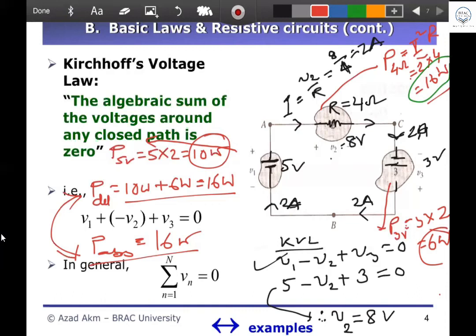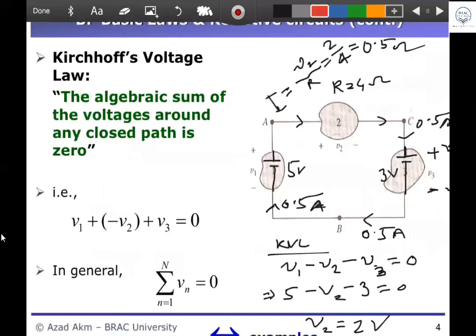Now come here. Hey, all of you, this is the most critical time we are passing, so all of you concentrate. Now, what is the power here? Come on, faster. So 2.5. How did you get 2.5? 5 into 0.5 gives you 2.5 watt. Good.